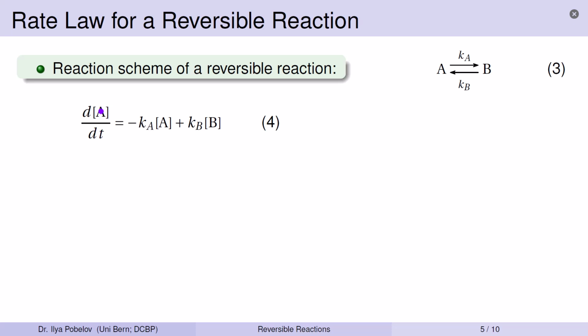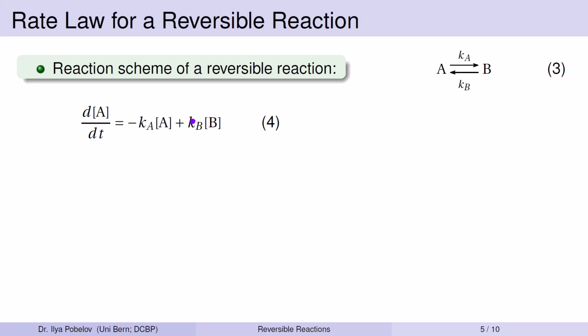For reactant A, the rate of change in its concentration over time is given by minus Ka times the concentration of A plus Kb times the concentration of B. This equation indicates that the concentration of A decreases due to the forward reaction at a rate Ka times the concentration of A, but it also increases due to the reverse reaction at a rate Kb times the concentration of B. The first term is the same as in a first-order decay reaction, but an additional term is included to account for the formation of the reactant from the decay of the product.